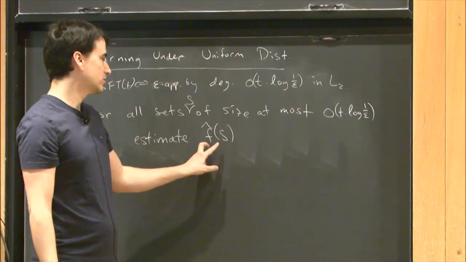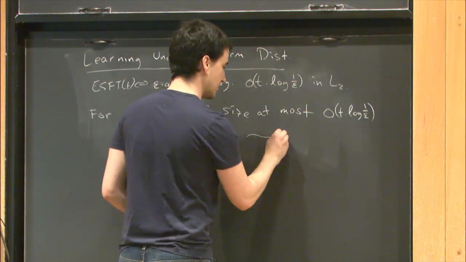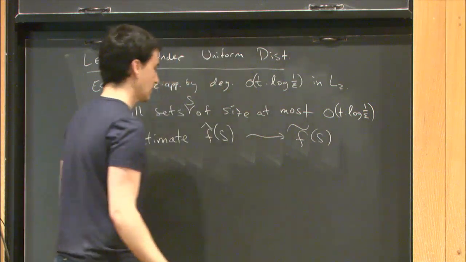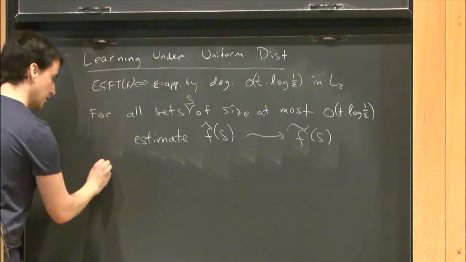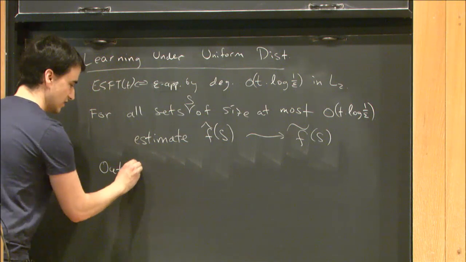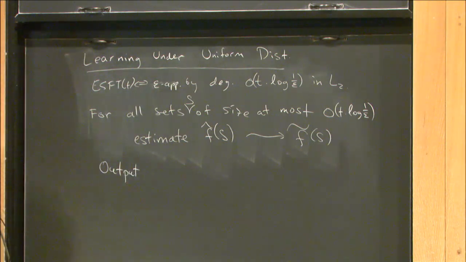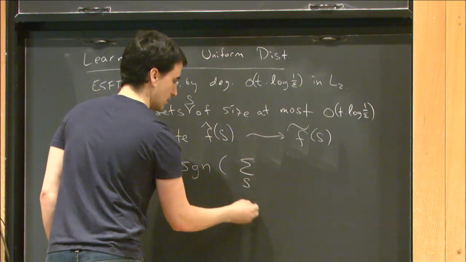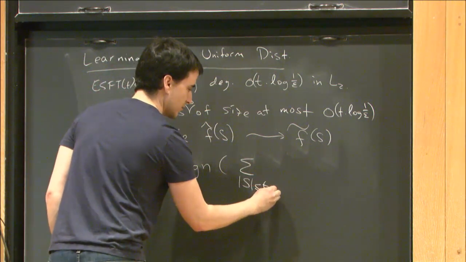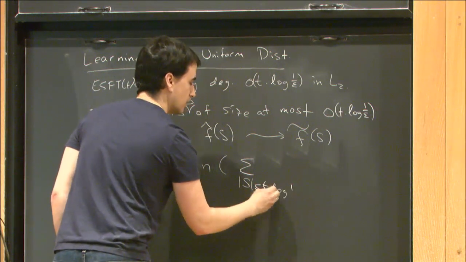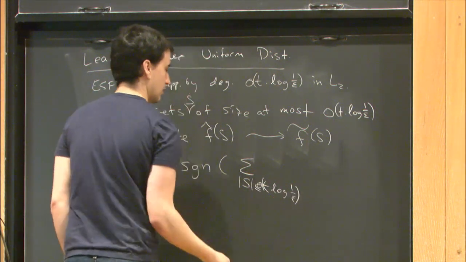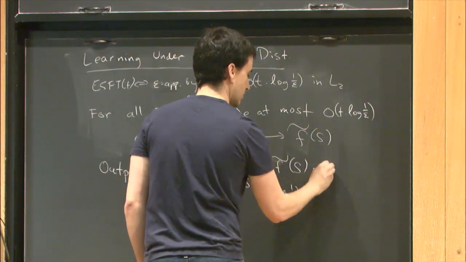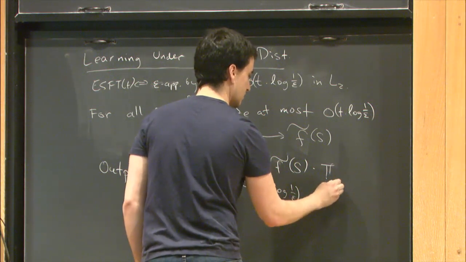We don't know it exactly, so we'll get some kind of approximation of this Fourier coefficient. Let's call it f tilde of S. And in the end, we need to output some Boolean function. So we output the sign of the sum, going over all sets of size at most t log 1 over epsilon, of this estimate times the character.